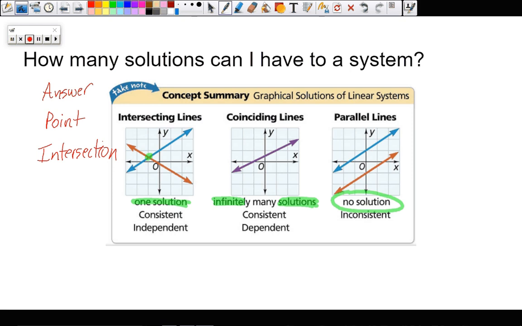But there's 2 other types of solutions up here that are not necessarily a point or an intersection. It will be dependent. Coinciding lines. Coinciding means they're exactly the same. They lie right on top of each other.